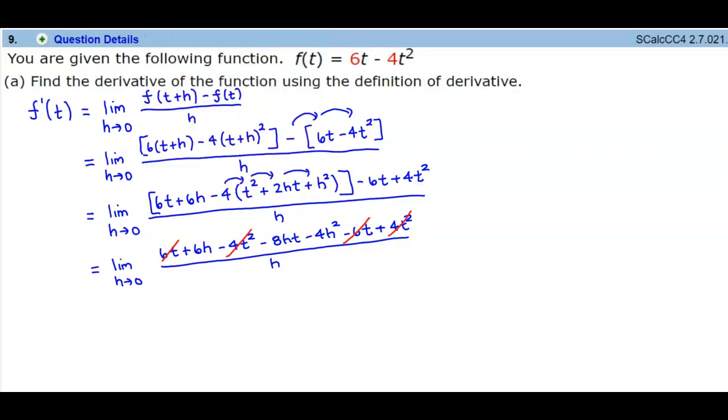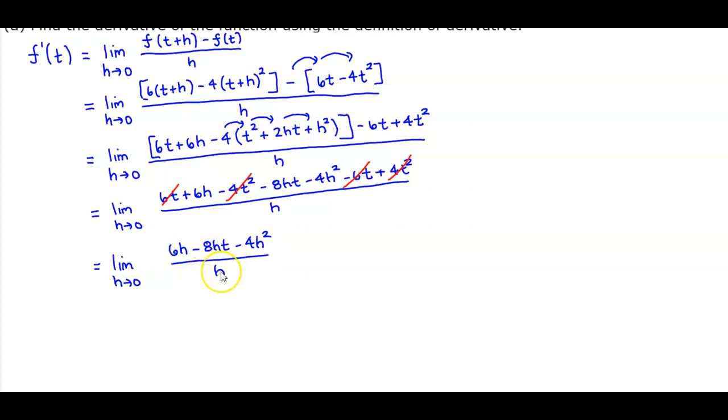So now let's rewrite our statement. So we have the limit as h approaches 0 of 6h minus 8ht minus 4h squared divided by h. And now what we want to do is we're going to factor out what they have in common in the numerator.